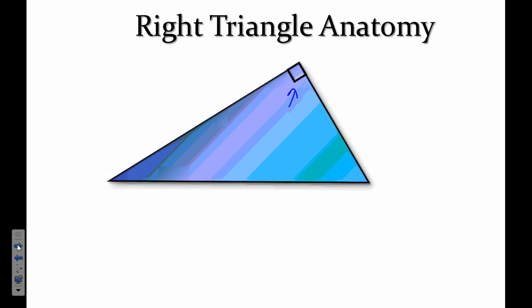And what are the sides of a right triangle called? Legs and hypotenuse. Your legs are the two sides that meet to form the right angle. The hypotenuse is opposite the right angle. It's the longest side.